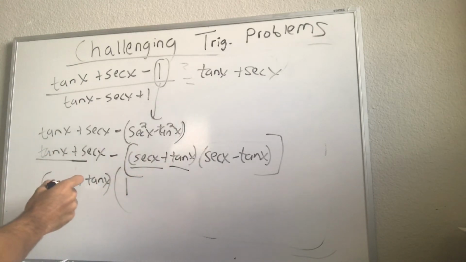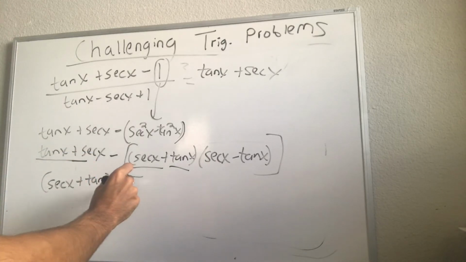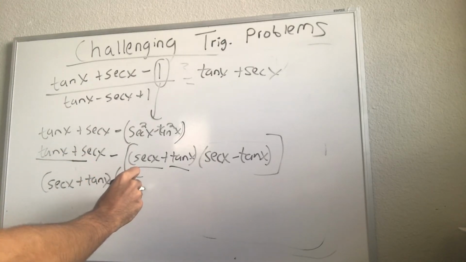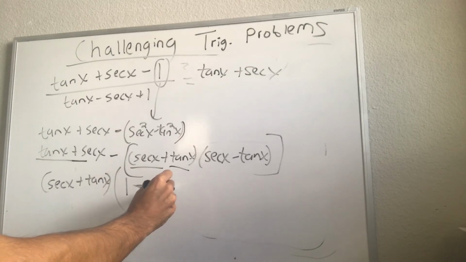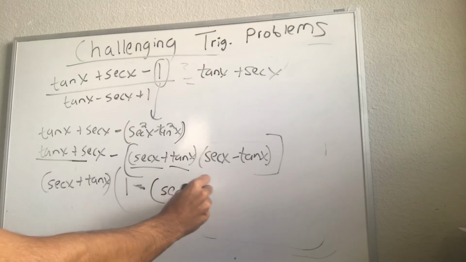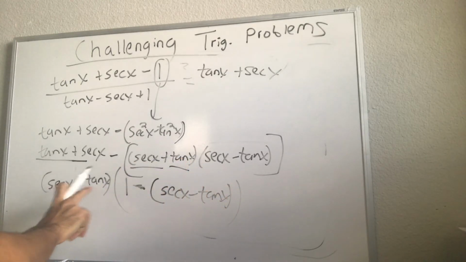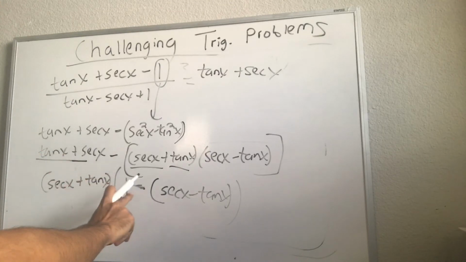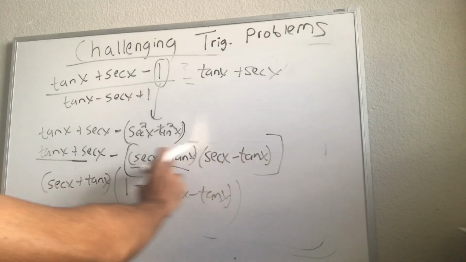So you have secant x plus tangent x times 1 is this. And now you're going to do minus secant of x minus tangent of x here, because you have this times 1 and minus this being multiplied by this, as you can see here.